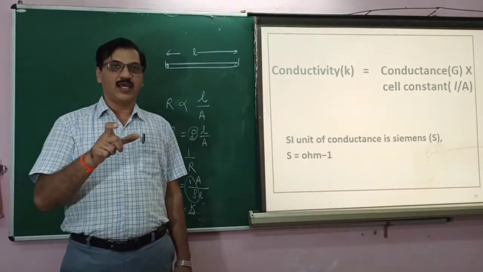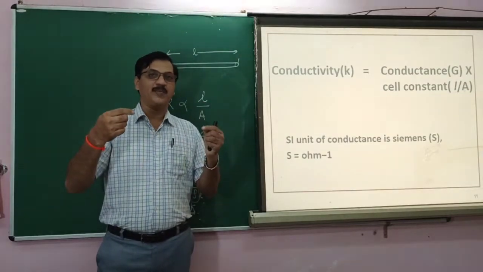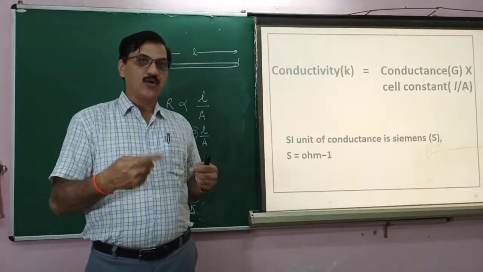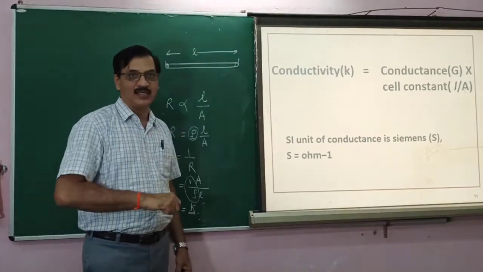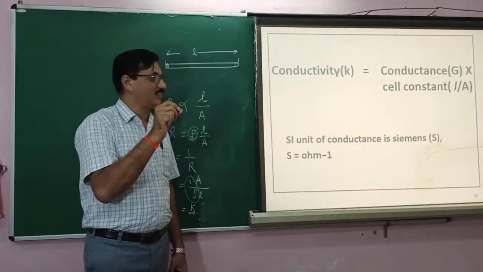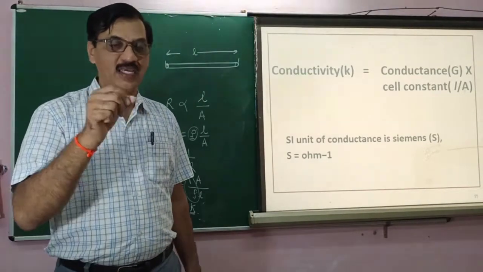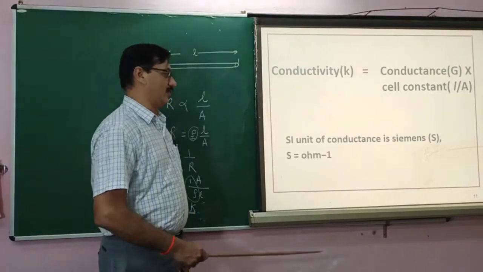For a conductivity cell, the electrodes may not be kept at exactly 1 centimeter distance, so its value is determined and labeled on the conductivity cell. L by A is its cell constant, which is written on the conductivity cells.